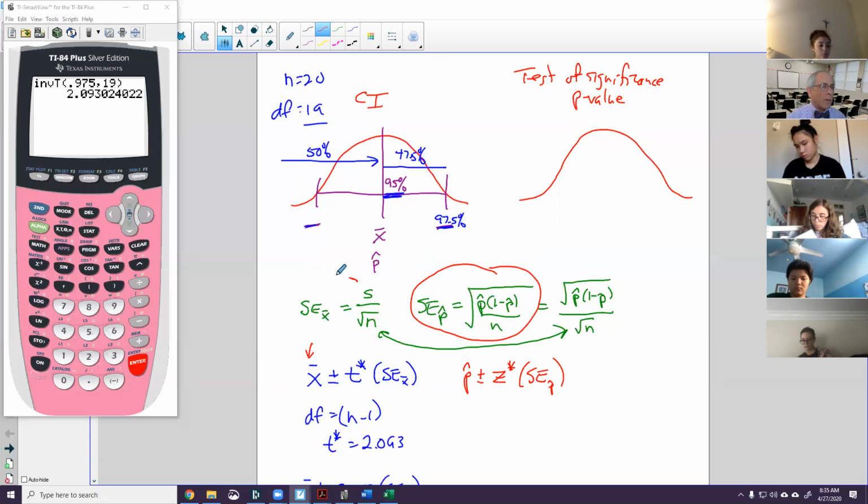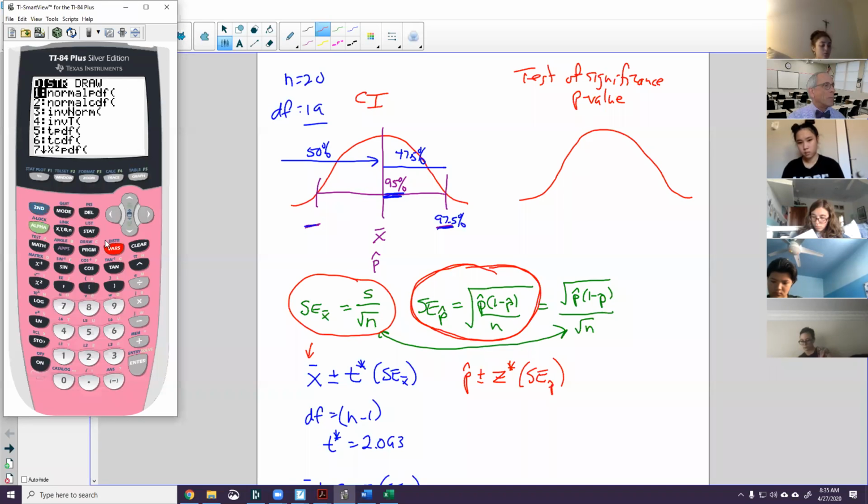This is how we find the standard error for a mean. This is how we find the standard error for a proportion. For a proportion, I am using inverse norm. Second distribution, inverse norm, which is the normal model, which is z-scores, not t-scores.